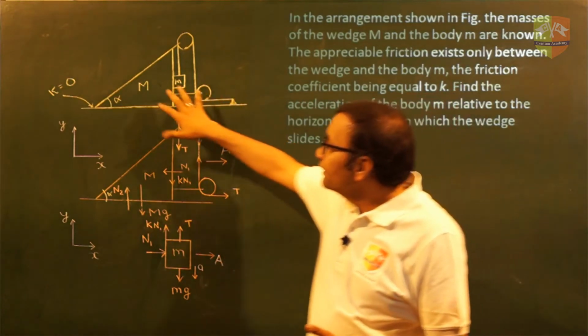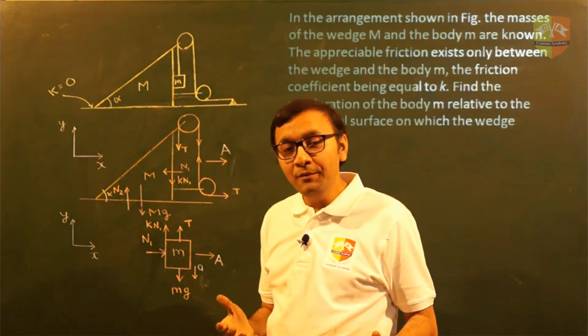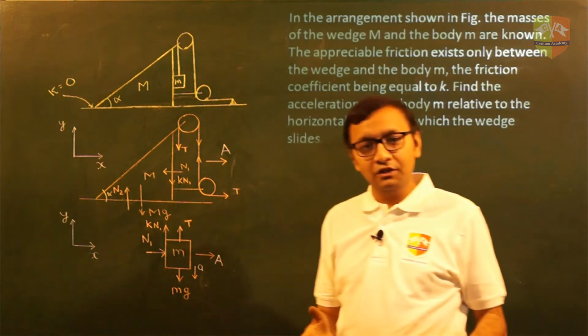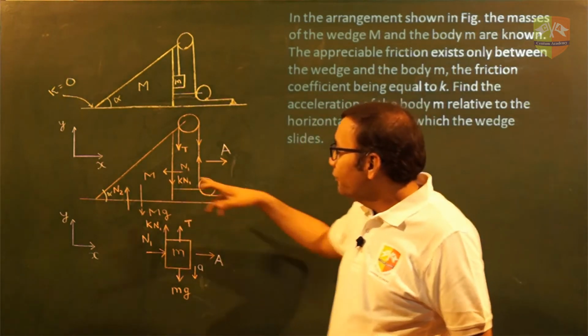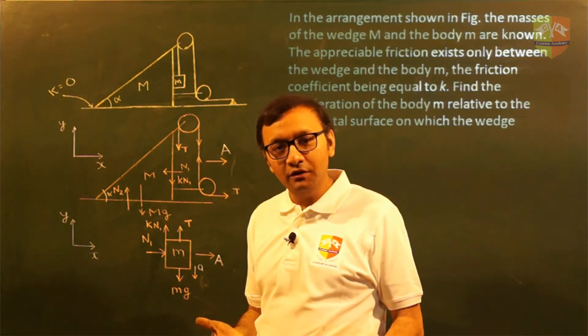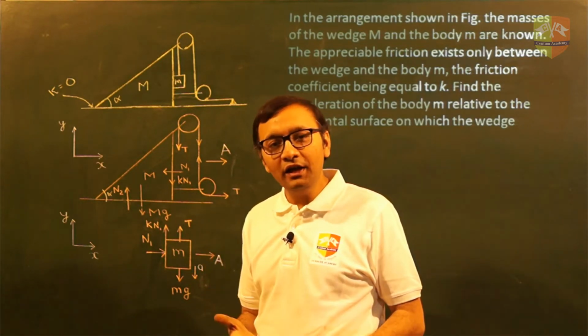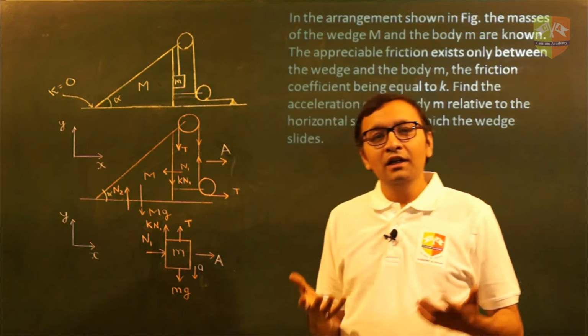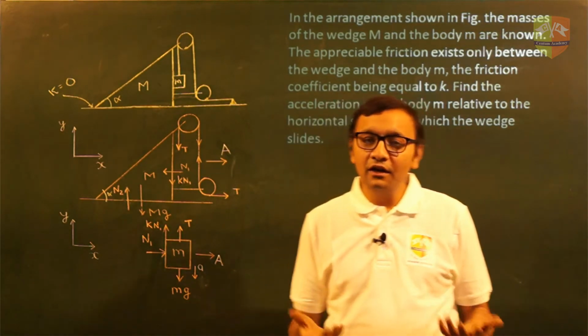And if we take this wedge and block individually, we can show all the forces. For example, let us take the wedge. It has mass, so there will be gravitational force, and it will always be in the vertical direction. In mechanics problems, generally we assume that whatever is happening is near the earth surface.